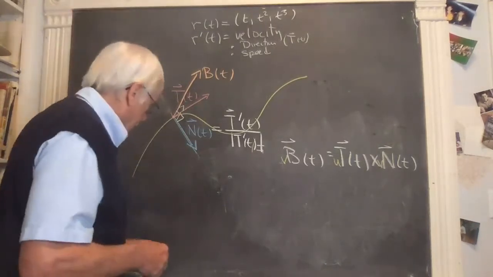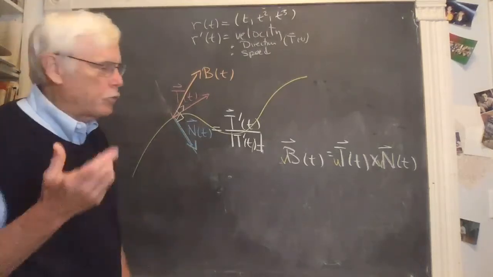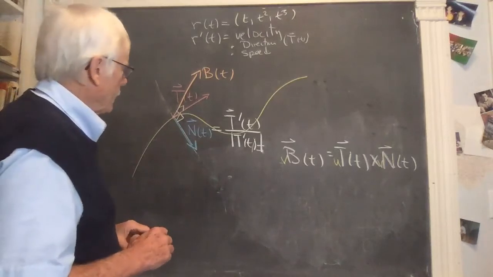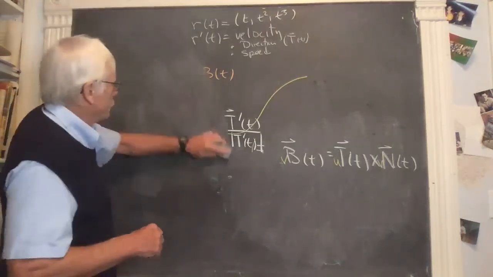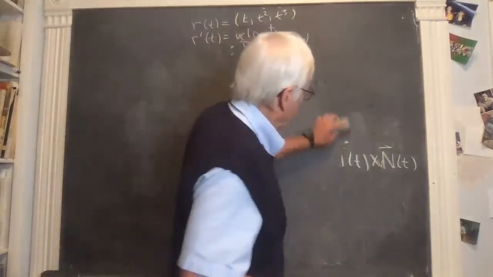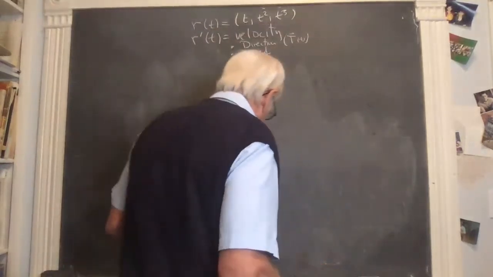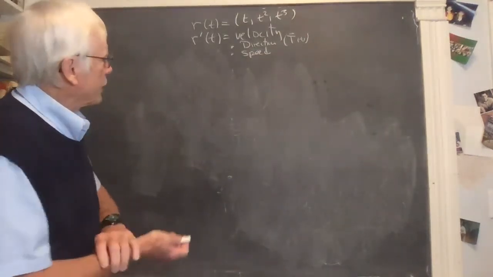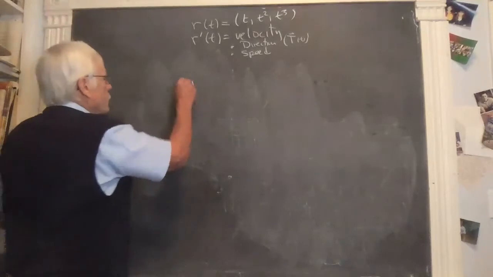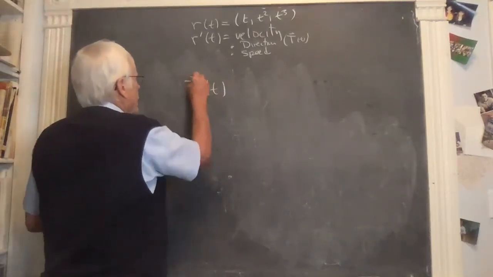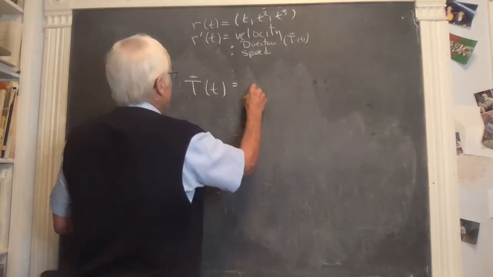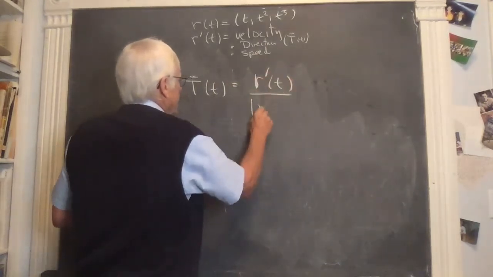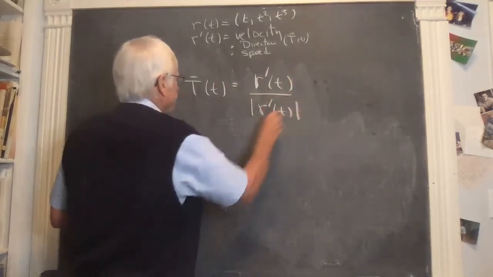So the first thing I wanted to do today is to show you those 3 formulas and derive those for you, and then get in a place where you can graph those yourself. You won't have to do animations, but I would like you to be able to find those vectors and graph them. So T of t, the one we already did, is the velocity r prime of t divided by the speed, the length of r prime of t.